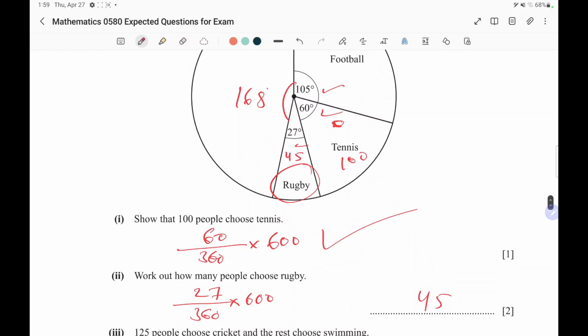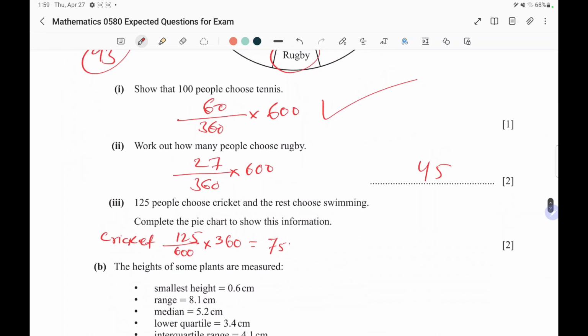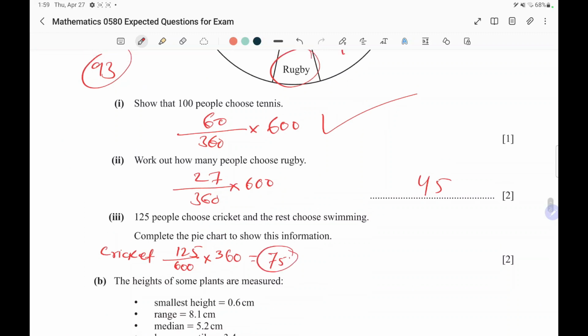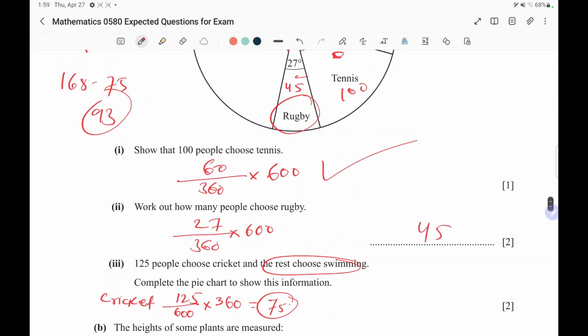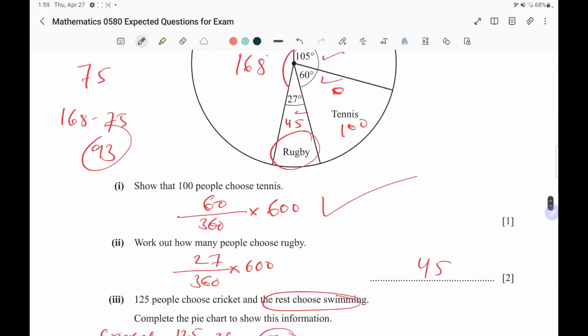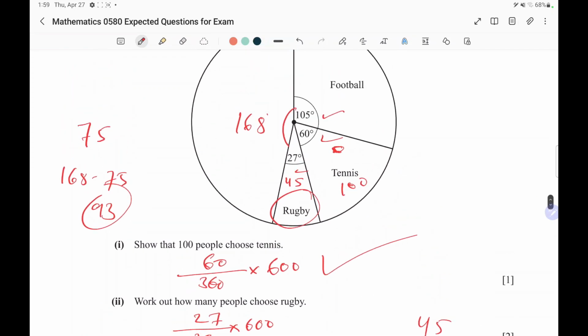Okay, so 75 for cricket, and 168 minus 75, that is 93. So swimming it's 93.